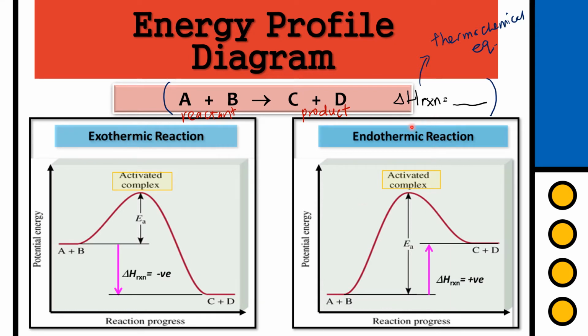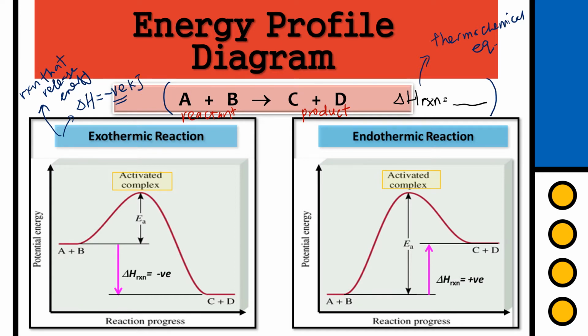So do you still remember what it means by an exothermic reaction? From last semester we have learned that an exothermic reaction is a reaction that releases energy. And we can identify from a thermochemical equation that it is an exothermic reaction when the delta H equals a negative sign, negative kilojoules.